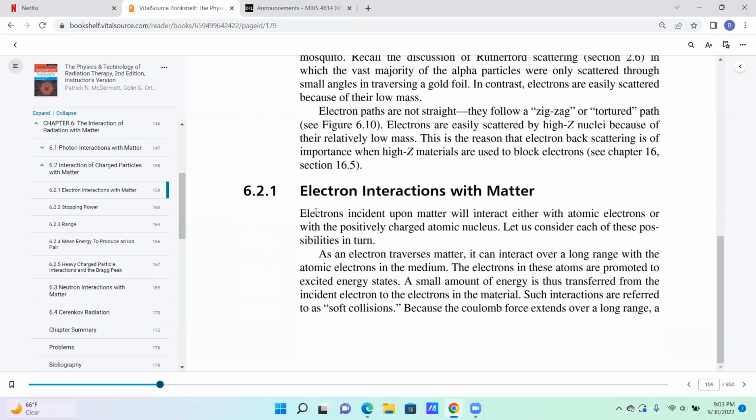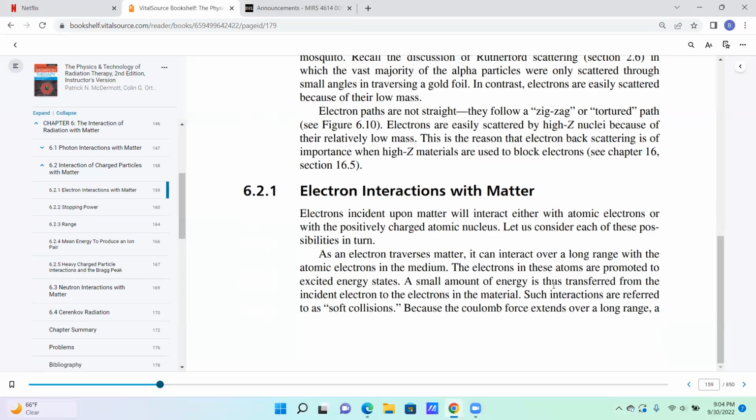All right, if we're looking at electron interactions with matter, electrons incident upon matter will interact either with atomic electrons or with a positively charged atomic nucleus. As the electrons go through matter, you can interact over a long range with atomic electrons in the medium. These electrons in these atoms are promoted to excited energy states.